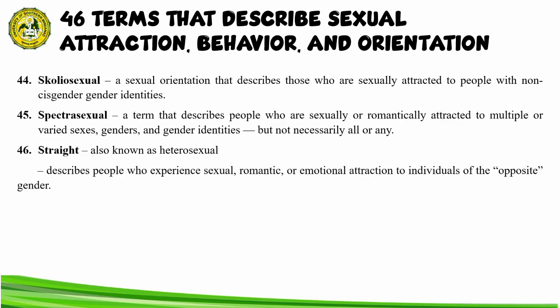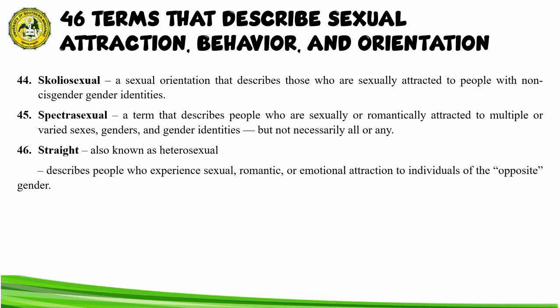Next, we have the scoliosexual. Scoliosexual is a sexual orientation that describes individuals who are primarily attracted to people who identify as non-binary, genderqueer, gender fluid, or have a gender identity that falls outside the traditional.